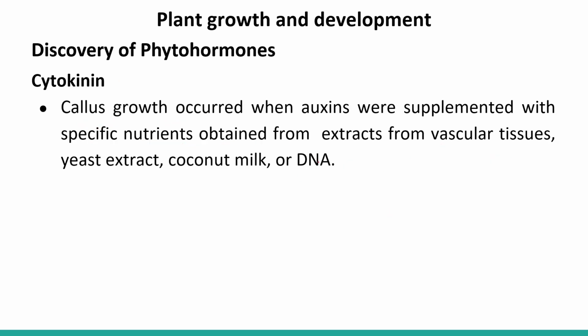So what they observed was that callus growth occurred from the internodal tobacco segments when auxin was supplemented with specific nutrients obtained from the extract of vascular tissues, or yeast extract, or coconut milk, or DNA. DNA also contains a hormone which is cytokinin-like. The first cytokinin was discovered from herring sperm DNA.